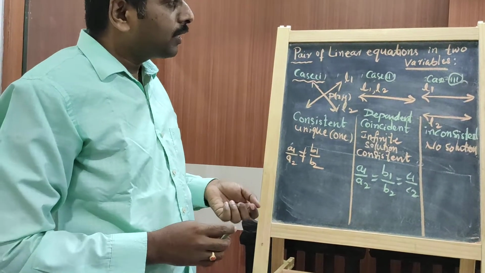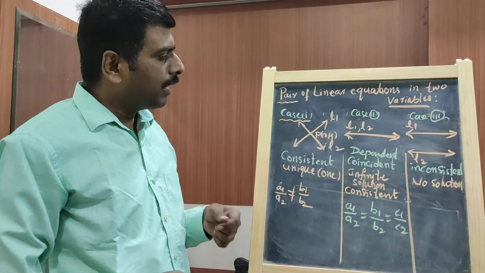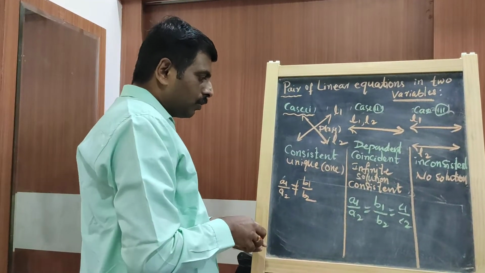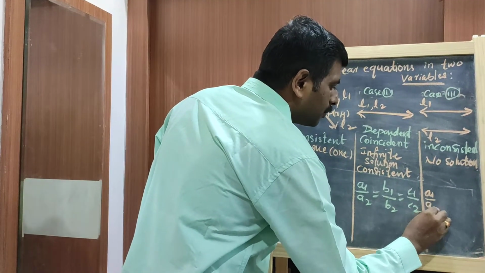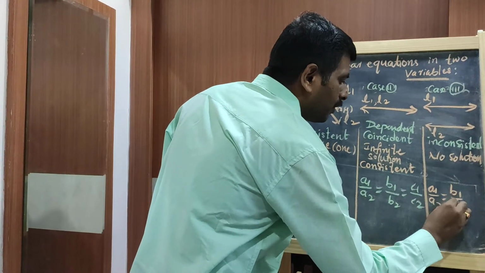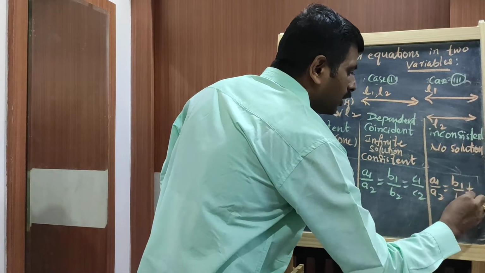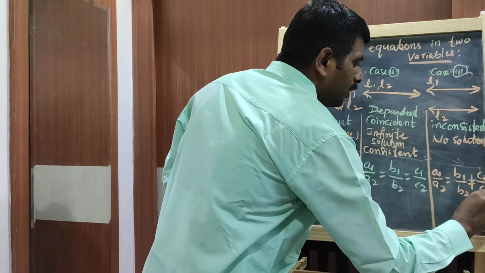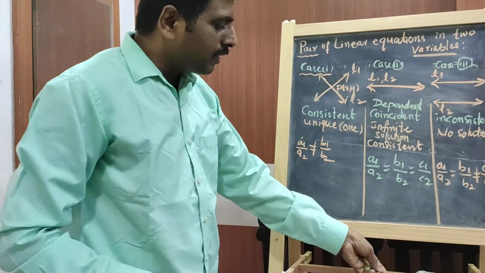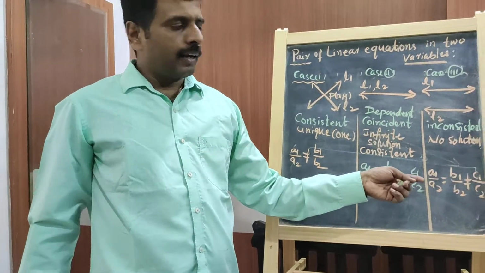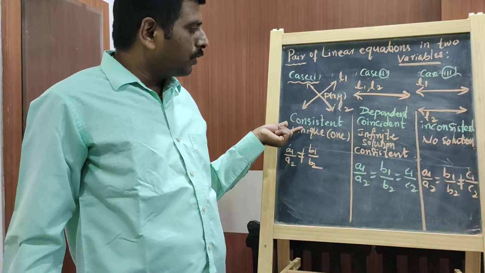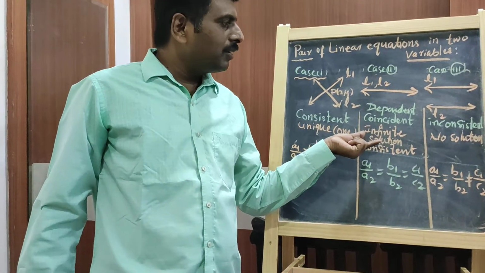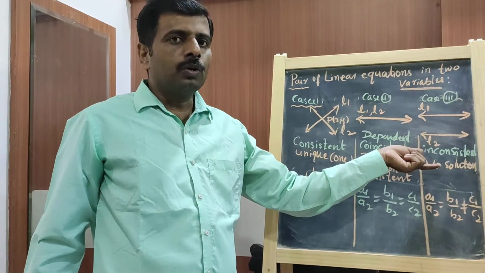When we move to the third one, these are the parallel line conditions. The formula is a1 by a2 equals b1 by b2 is not equal to c1 by c2. With the help of these formulas, we can identify whether the given system has a unique solution, infinitely many solutions or no solution.